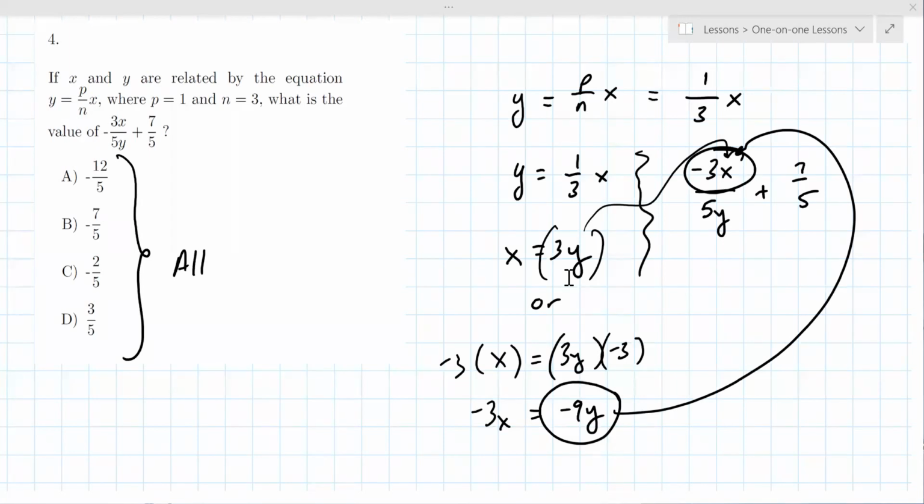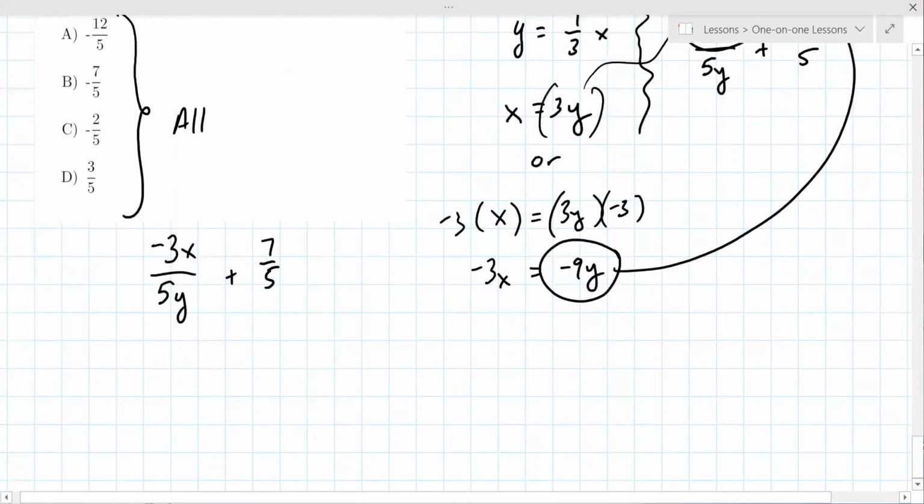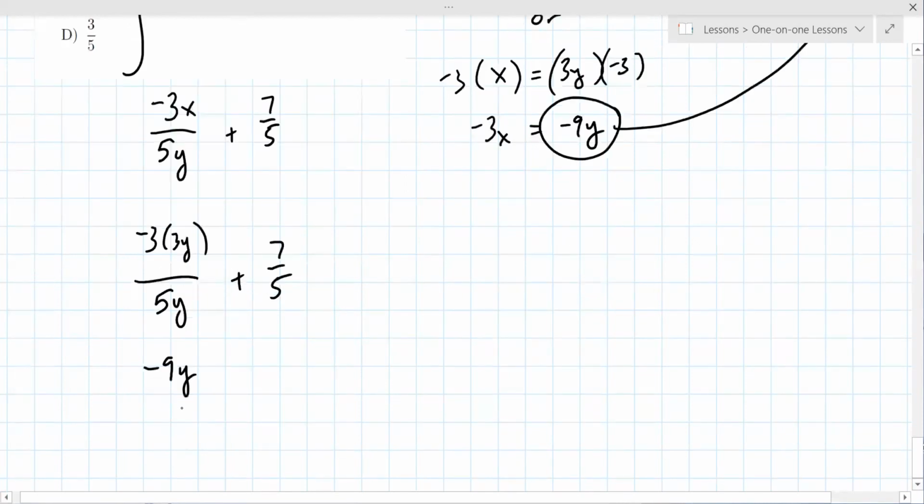Okay, so x is 3y. So let me just rewrite it over here. It's minus 3x over 5y plus 7/5. And we just said that x is 3y. So it's minus 3 times 3y over 5y plus 7/5. So what that does is this becomes minus 9y over 5y plus 7/5.